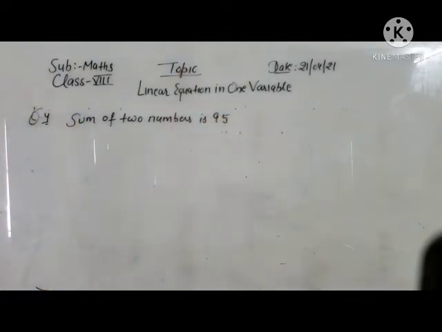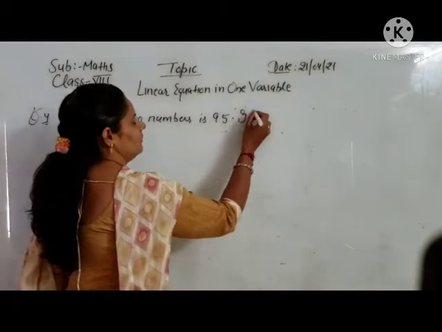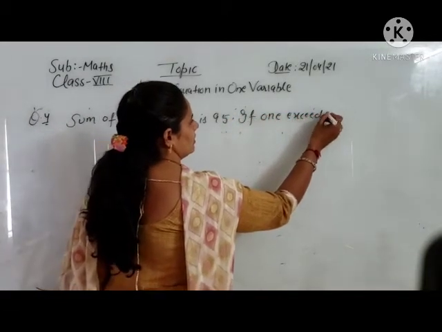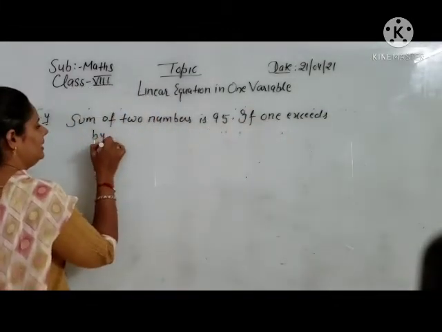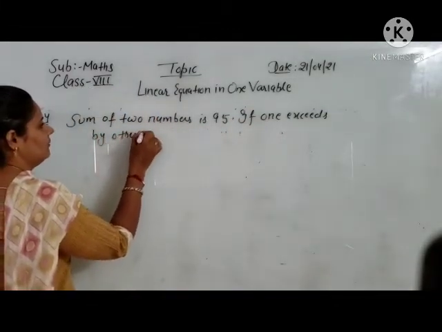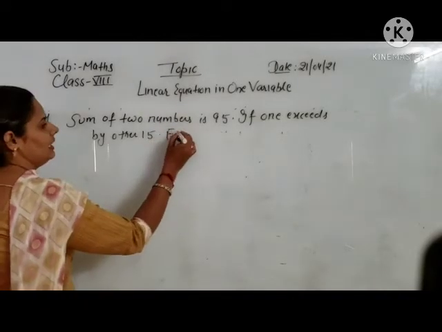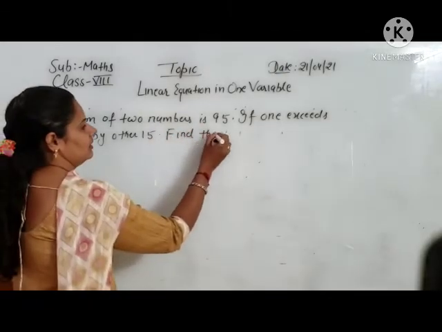Sum of two numbers is 95. If one exceeds the other by 15, find the numbers.